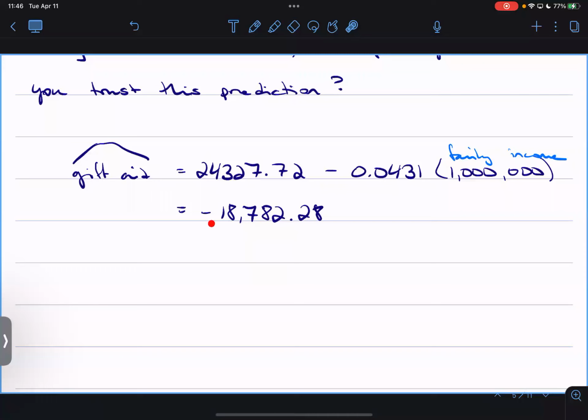This doesn't make sense. Do you trust this prediction? No, because we're extrapolating beyond the range of the data, right? 1 million is not on our x-axis. It's way out.